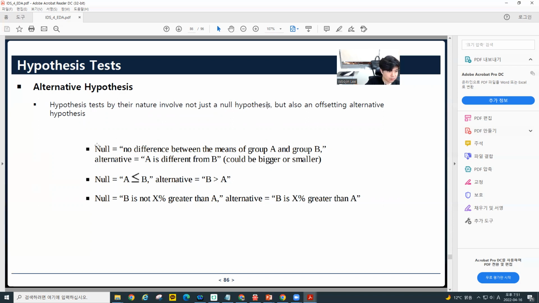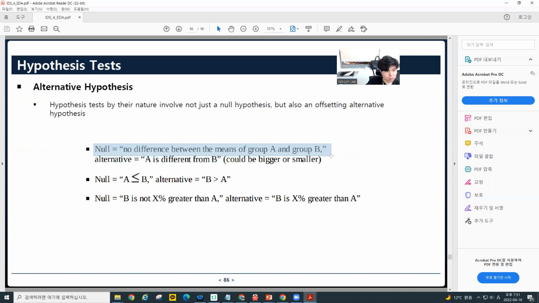The null hypothesis is that there is no difference between the means of group A and group B, and the alternative hypothesis is that A is different from B. So null and alternative are totally different. The alternative hypothesis is what we want to know. And in statistics, what we don't want to know is set as the null hypothesis.